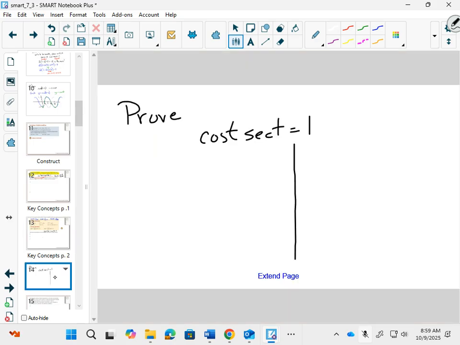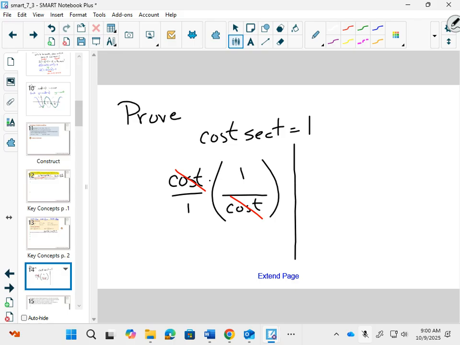So in this first one, I have cos, but can I change secant to something? Yes. Secant is 1 over cos. And then we have a fraction times a fraction. Can you see that if you had a cos t on the top and a cos t on the bottom, those would simplify?